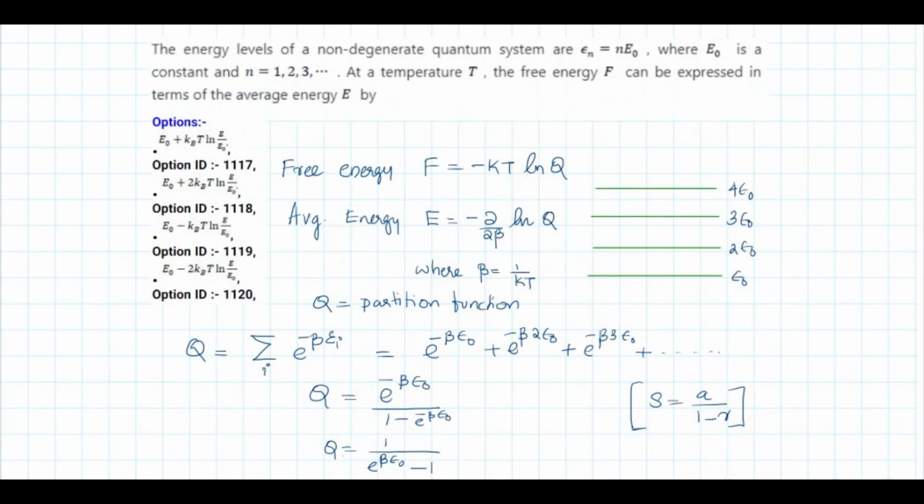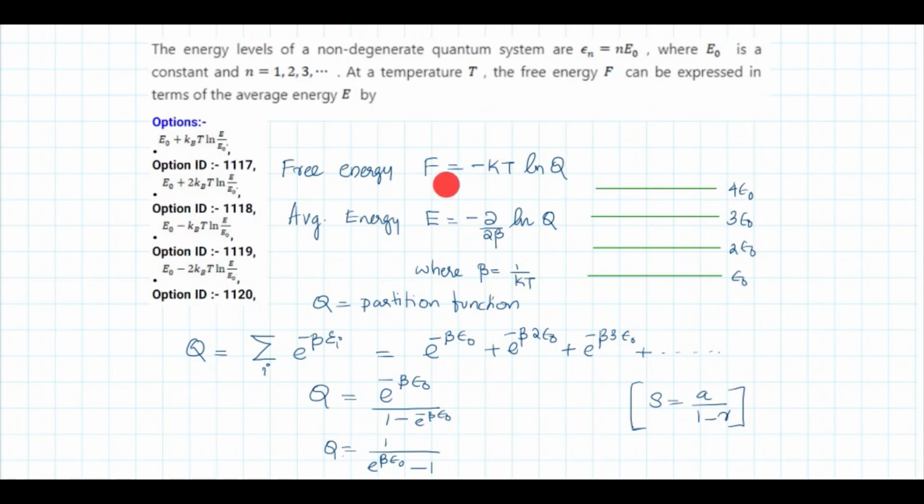Next question. The energy levels of a non-degenerate quantum system are En equal to n E0, where E0 is a constant and n equal to 1, 2, 3, etc. At a temperature T, the free energy F can be expressed in terms of average energy E by. This is a question from statistical mechanics.